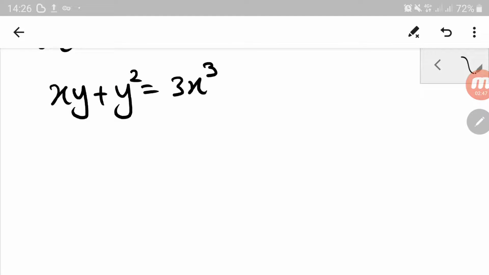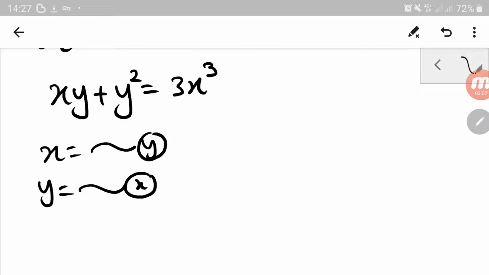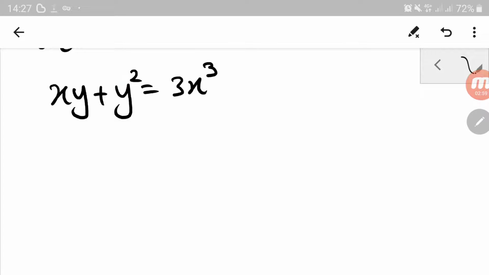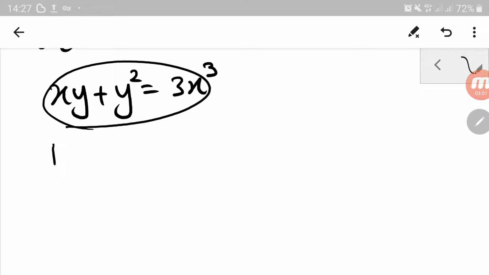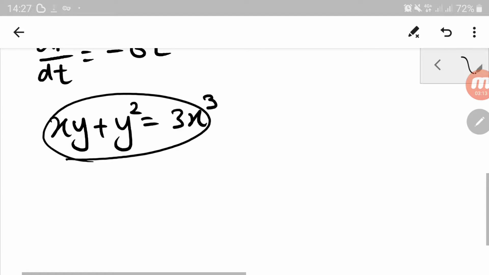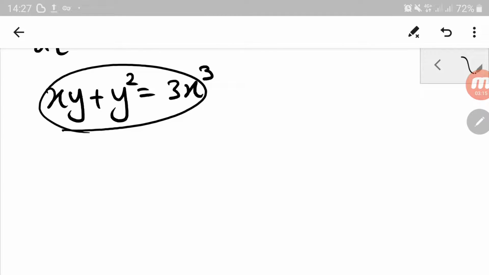No matter what you do, we cannot express x in terms of y, or y in terms of x. This is what we call an implicit equation or function. Why implicit? Because we cannot express them explicitly. That is why this kind of function needs to be differentiated implicitly.